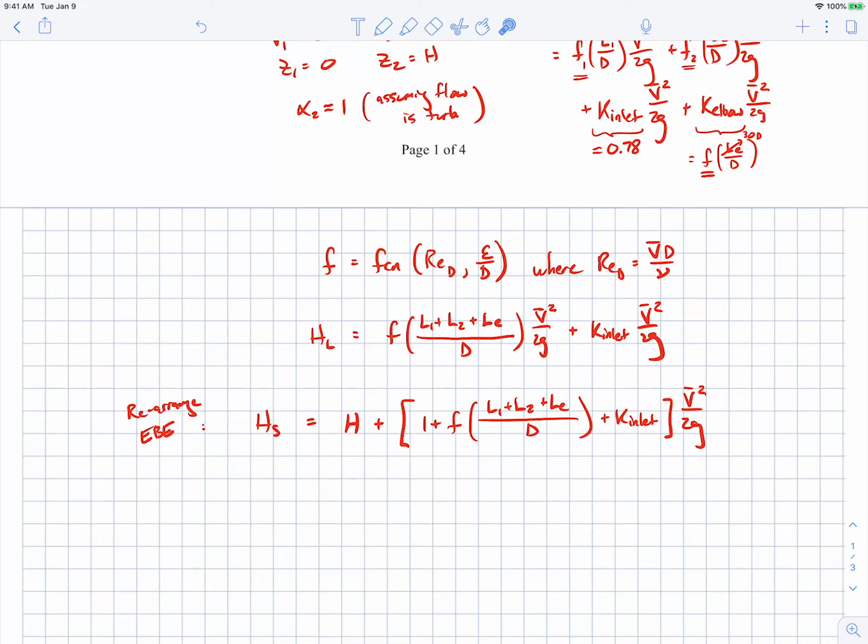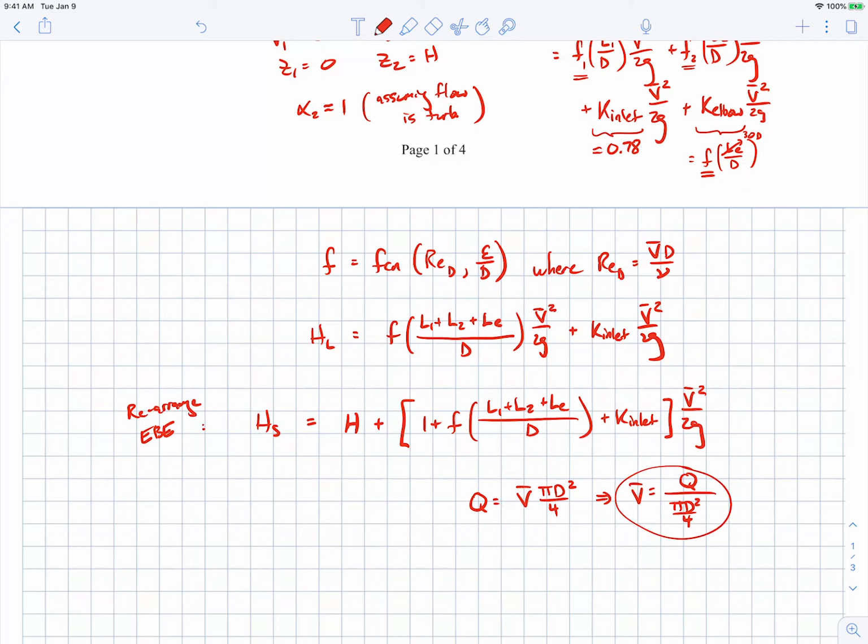And since we're ultimately going to find the volumetric flow rate, I'm going to rewrite this velocity in terms of volumetric flow rate. Just remember that volumetric flow rate is the velocity times the cross-sectional area of the pipe. So that V bar is Q over pi d squared over 4.